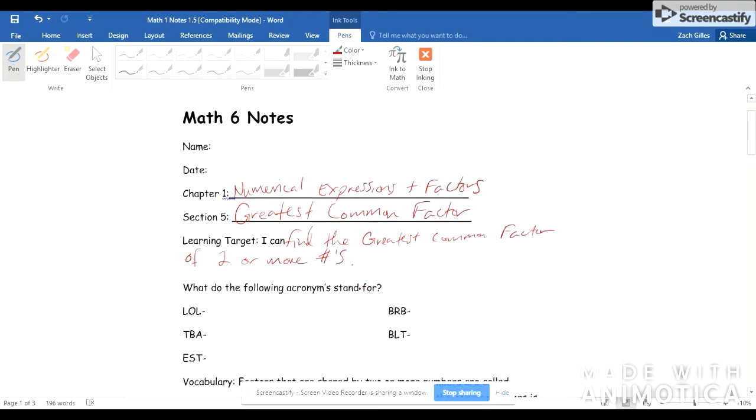And let's start today by asking you some very common acronyms, because we'll be working with an acronym today. I'm sure you've already seen it, but starting with LOL, which stands for, many of you know this, laugh out loud. BRB, ooh, this one's a little bit older.